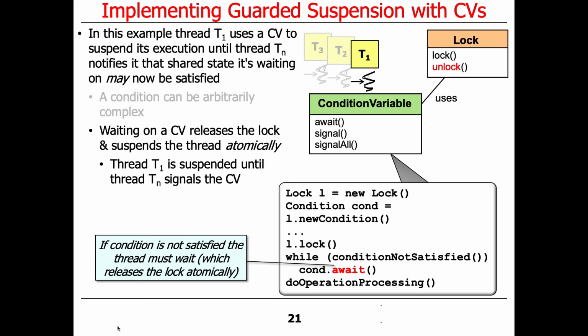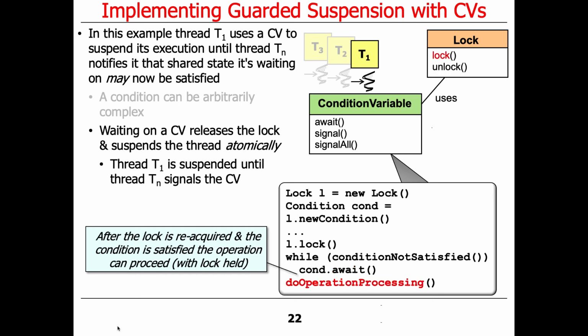So this lock is really used to protect the check of the condition, to make sure that it's not going to be subject to race conditions if things are accessed and modified simultaneously by multiple threads. So we use the lock to make sure only one thing at a time gets the chance to check that shared state. Yeah, that's a great question. It's very, very subtle. We'll look at this from a couple different points of view as we go on.